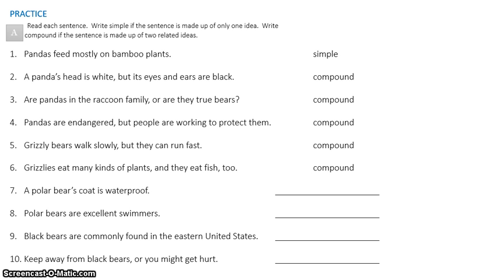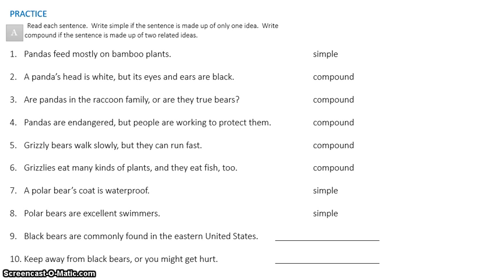Number 7, a polar bear's coat is waterproof. That is one idea. You do not see a coordinating conjunction in that entire sentence, so it's going to be simple. Number 8, polar bears are excellent swimmers. Same thing. One idea. You do not see a coordinating conjunction in that sentence, so it is simple.